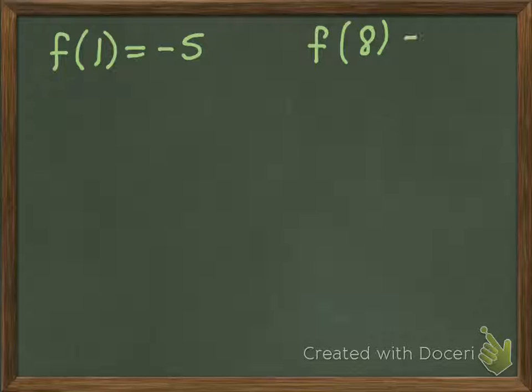Tell me an output you know for a fact that f has between x equals 1 and x equals 8. 0. Why? Because if I'm dealing with a continuous function on this closed interval, and the left endpoint is a negative output, and the right endpoint is a positive output, somewhere in there we cross the x-axis how many times? What can you say mathematically? At least once. Right? Could be 3 or 4 times.